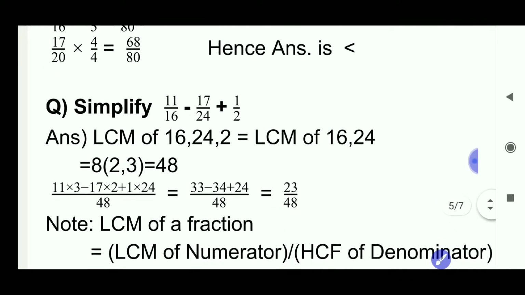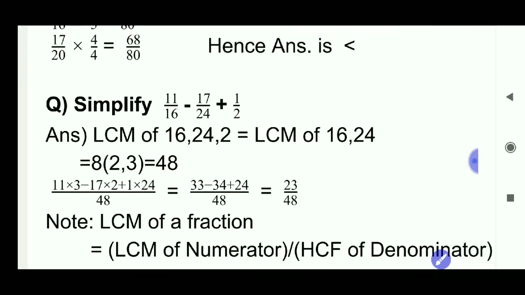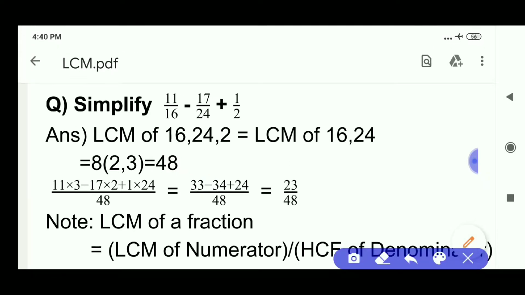Now one more question. Simplify 11 by 16 minus 17 by 24 plus 1 by 2. Collect the denominators 16, 24 and 2. Now find the LCM, nothing but 48. So write the denominator as 48. Now 16 threes are 48, so 11 into 3.